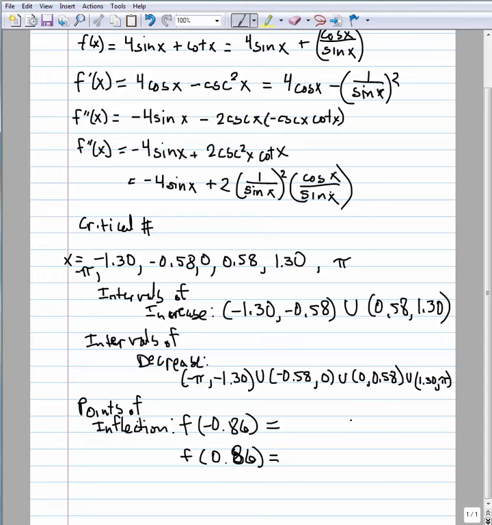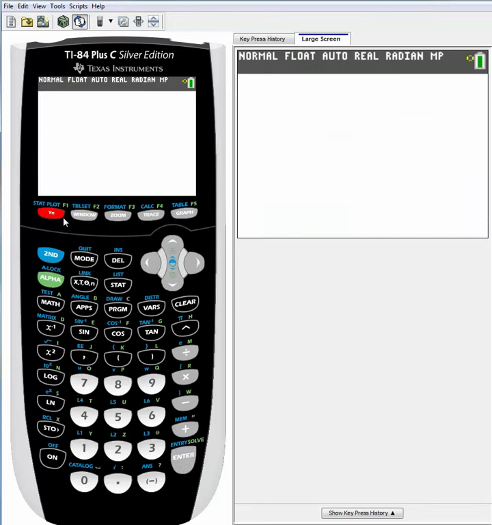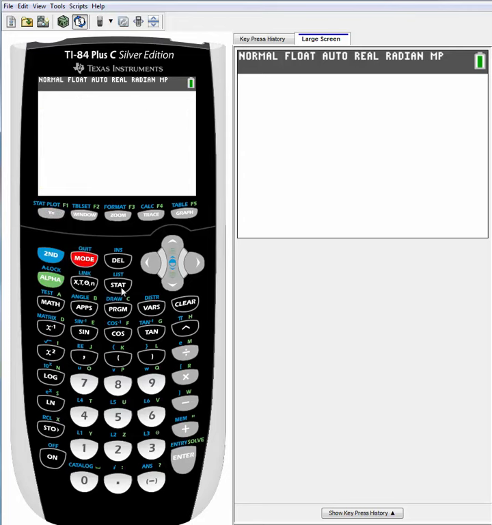The good thing is we put the original function in the calculator, so we can find this pretty easily using our graphing calculator. So let me get out of the graph. Remember, we put the original function into the first slot, y1. There's actually a way we can get it to evaluate the function for us.